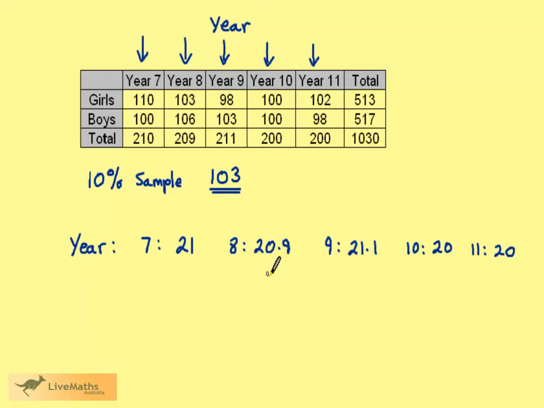If we now round these, so this one is 21 and this one is 21, we can see that we get our sample of 103, and we also get proportionate amounts in each year group.